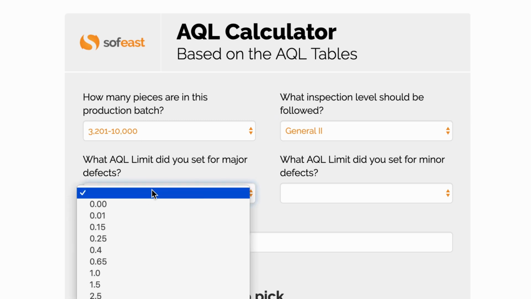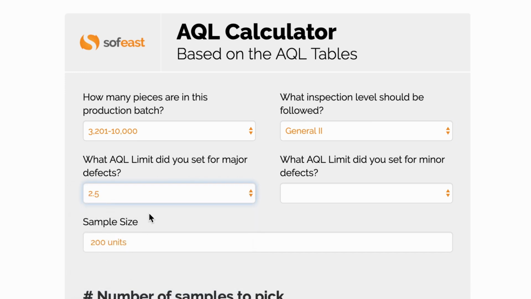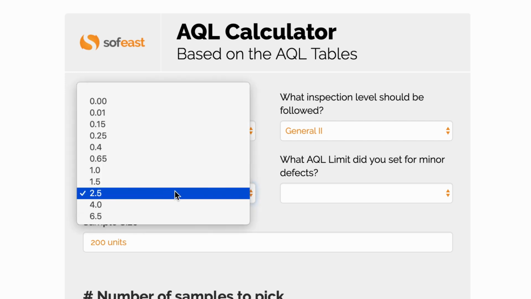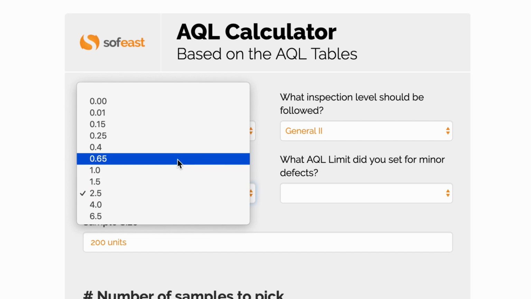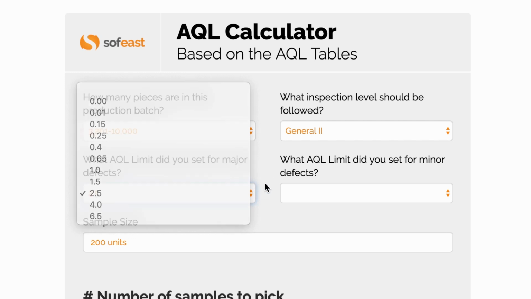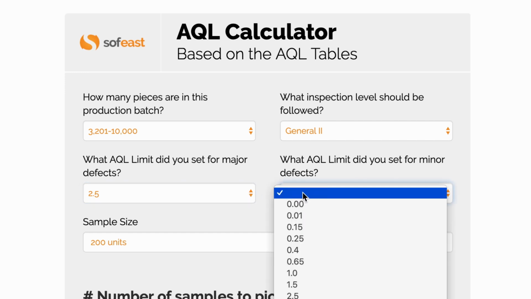Now what about the AQL limits? Most buyers of consumer goods with a medium to low quality standard tend to pick 2.5. It's a little bit loose, meaning it's a little bit high, allows for many defects. More and more buyers we see pick 1.5 or tighter, of course to be negotiated with the supplier, because they often push back on this, so you need to explain this to them from the beginning.